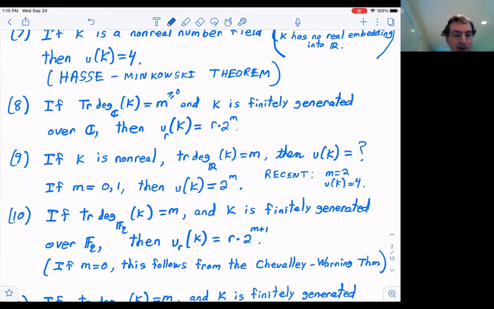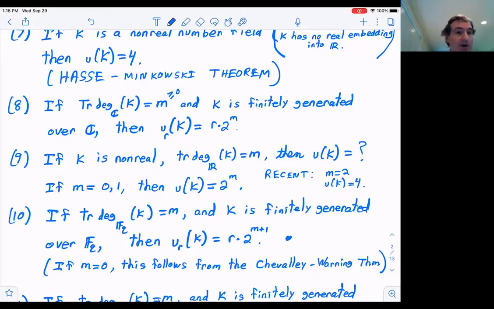If m equals 0, which means K is algebraic over F sub q and finitely generated, that means K is a finite field. This result actually follows easily from the Chevalley-Warning theorem. So let's see, if m equals 0 here, you can see that r times 2 to the m plus 1 is 2r.